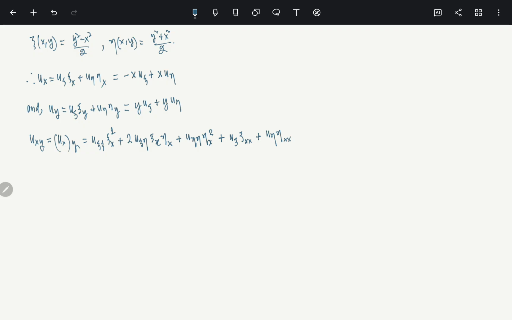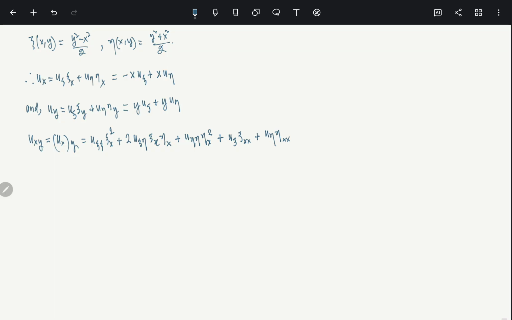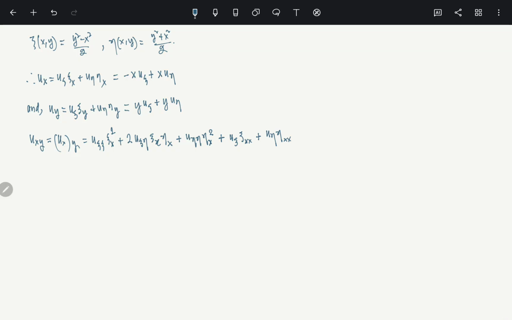That's just the chain rule; if you are not convinced, please look at the chain rule in any vector calculus book. You will find it there.